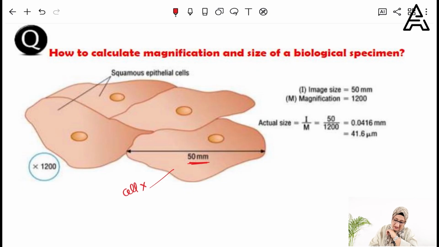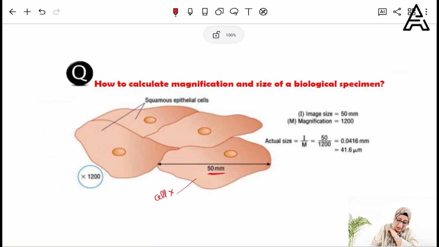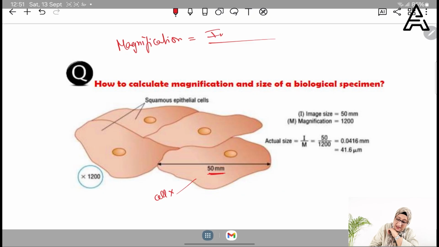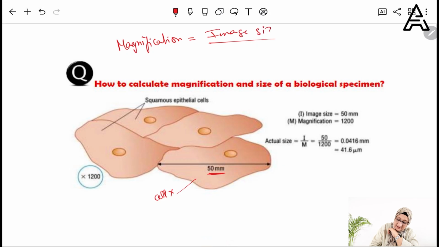طيب, what is magnification? Okay, magnification simply is a ratio between the image size and the actual size in nature. يعني we will measure the diameter of the cell in the diagram and then divide it by the diameter of the normal cell of your body. And then we calculate the ratio between both diameters. هو ده المagnification.